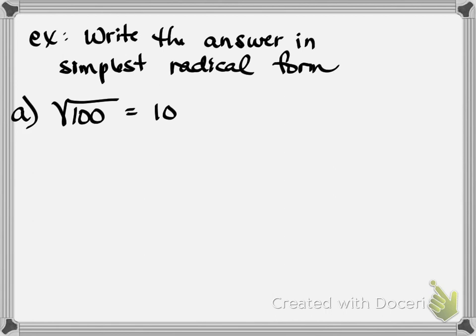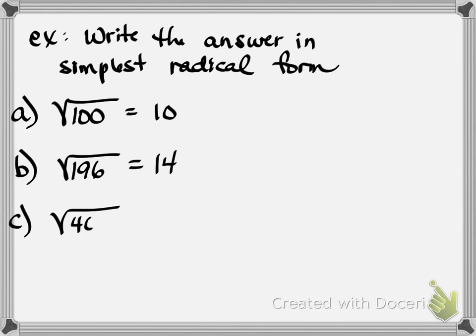That's just 10. If the next one is the square root of 196, oh, that's on my chart. It's just 14. And if the square root is 400, ooh, that's on my chart. It's 20. So these are perfect squares.